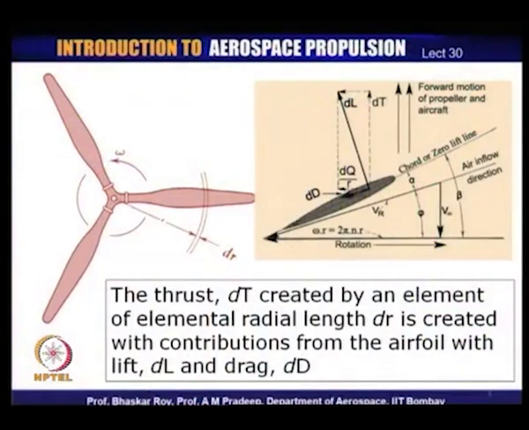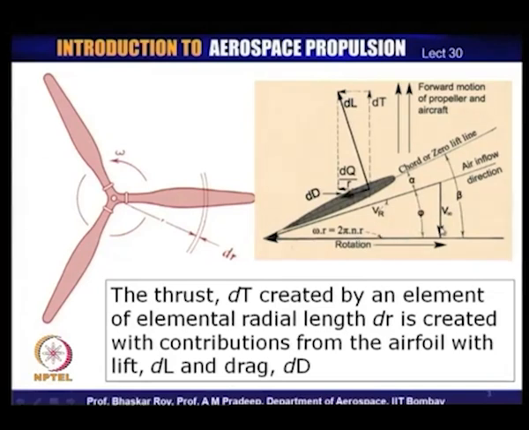So, let us take a look at this representative section over here, in which you have a blade which is expected to rotate with angular velocity omega, and as a result it acquires a rotational speed of omega r, which can be written as 2 pi n r, n being the RPM.